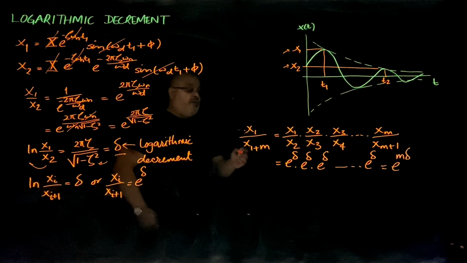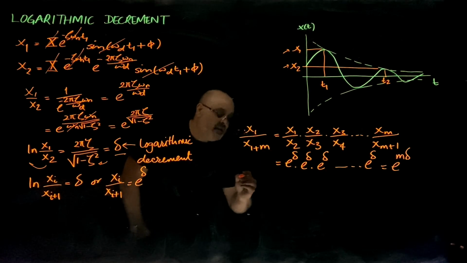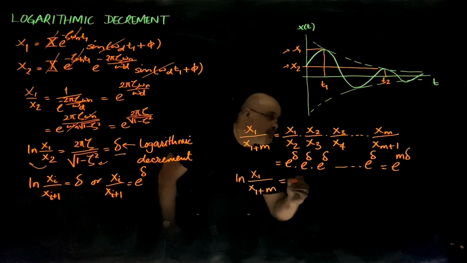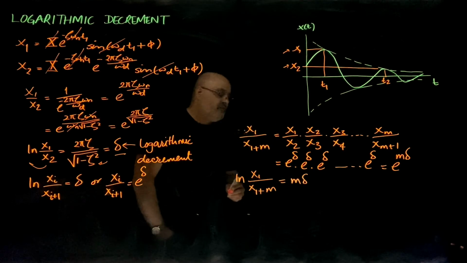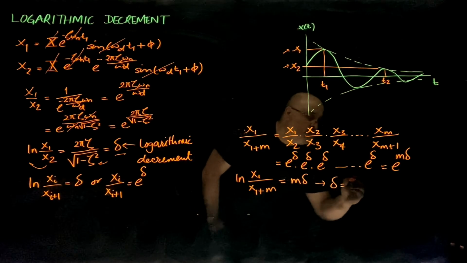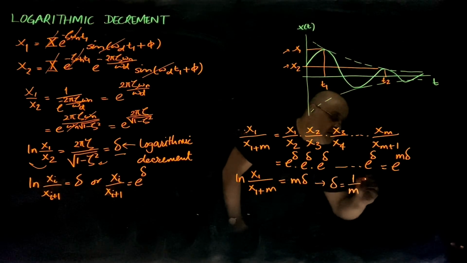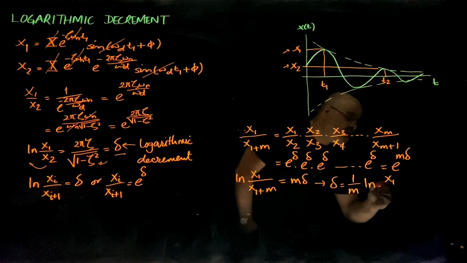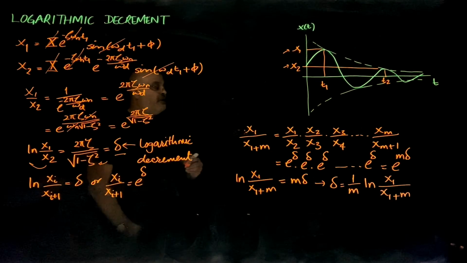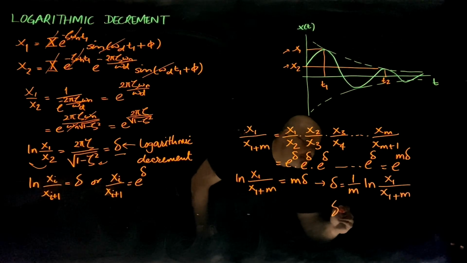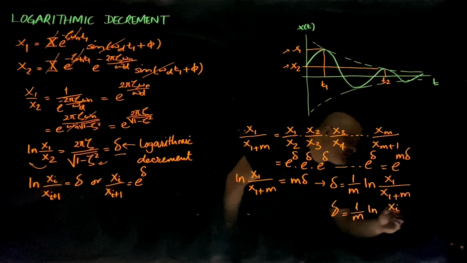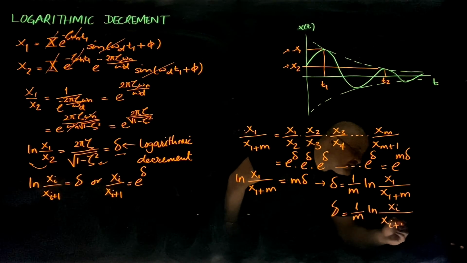So now, if I take the logarithm of both sides, ln of x1 divided by x1 plus m will equal m delta, or delta is 1 over m ln of x1 divided by x1 plus m, or in its most general form, delta is 1 over m ln of xi divided by xi plus m.